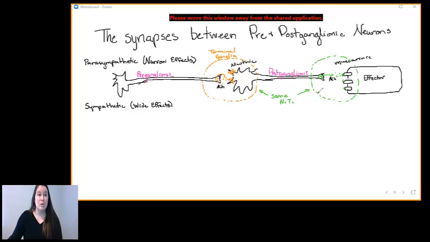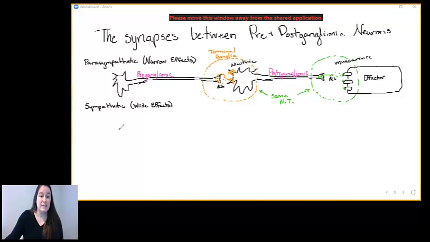Now that we've considered what is occurring in the parasympathetic system, which has a very long preganglionic neuron and a relatively short postganglionic neuron, it's time for us to consider what's going to happen in the sympathetic system.